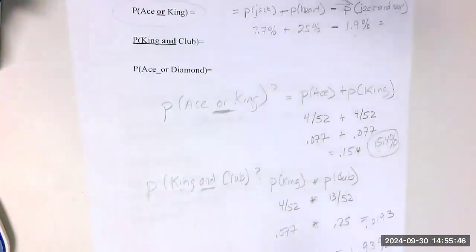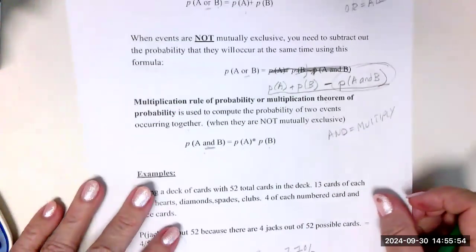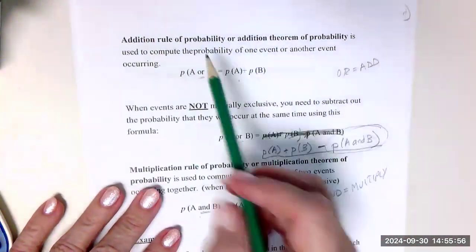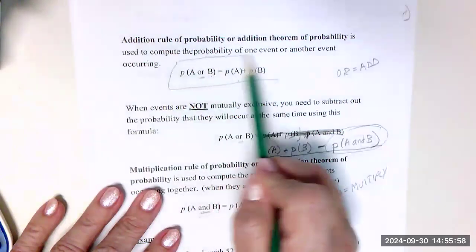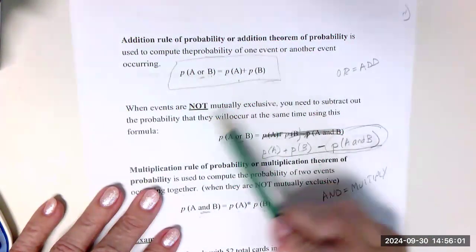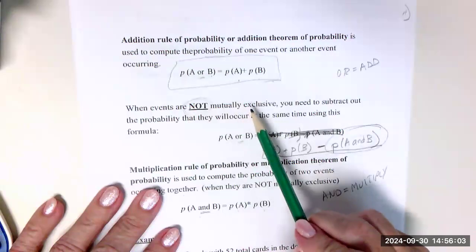Really, at the end of the day, you just have to remember to use the 2 rules, the addition rule and the multiplication rule. The addition rule is super easy unless things are not mutually exclusive.